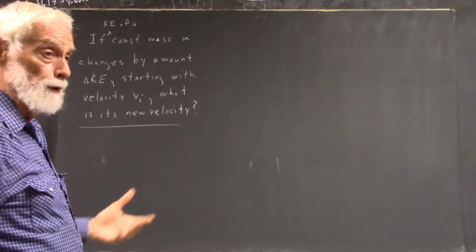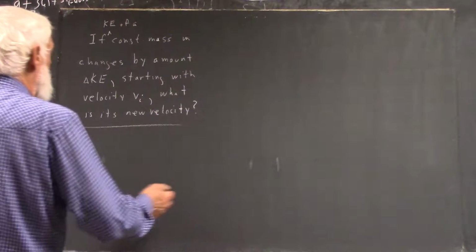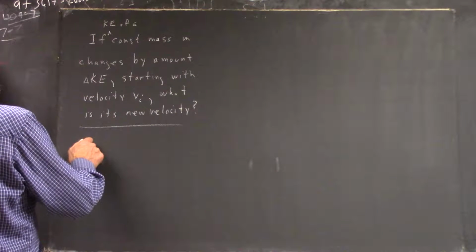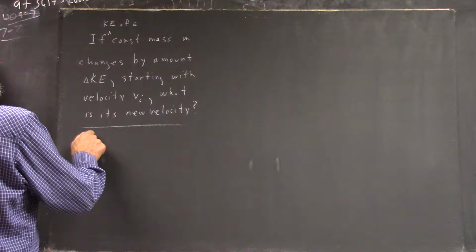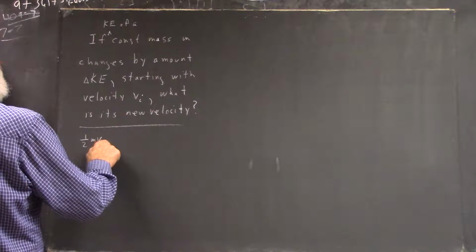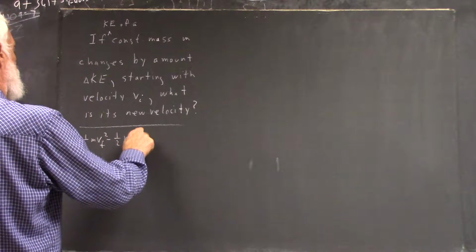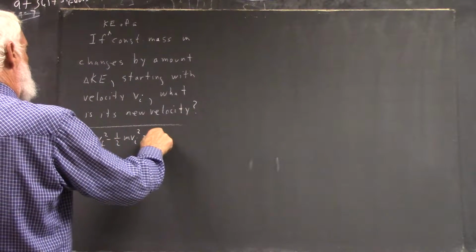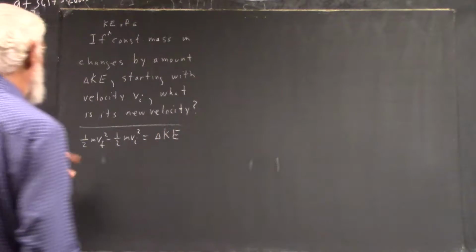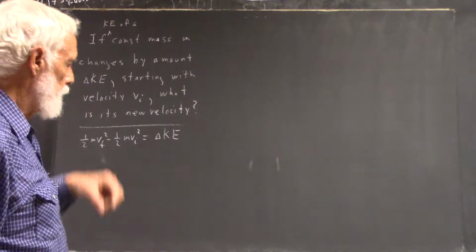Now there are all kinds of ways we can answer it, but what we can say here is that this means that one half m v_f squared minus one half m v_i squared is your change in kinetic energy.